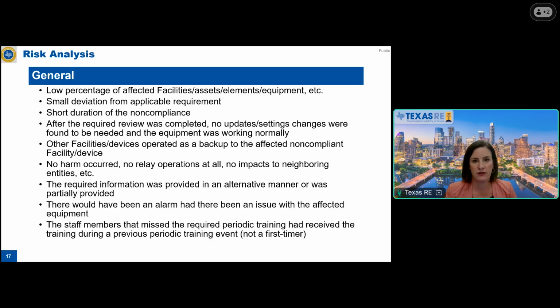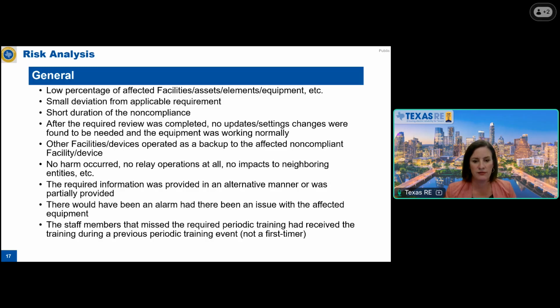So make sure that you're giving us both the number impacted and the total number of the similar elements. Another thing that might be risk limiting is if it was a small deviation from the applicable requirement. Maybe you were just inside or outside of the tolerance band. Another thing that might limit the risk is a short duration of the noncompliance.